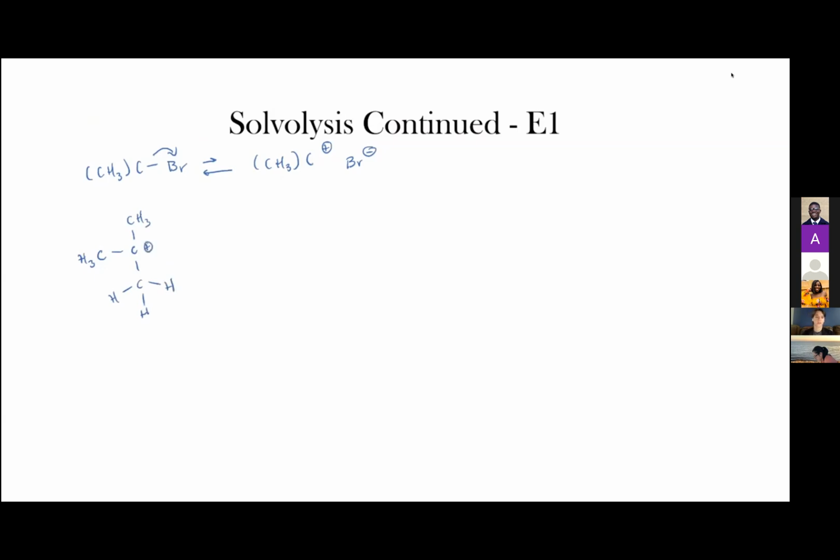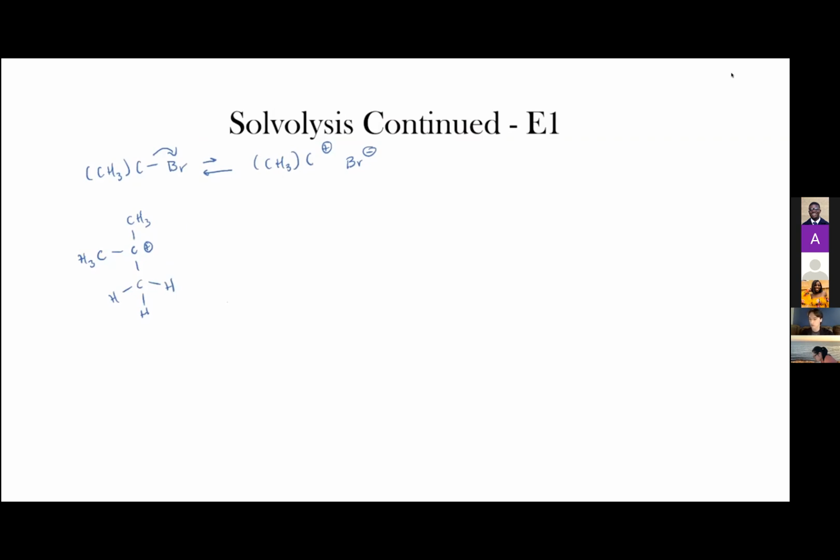So we have, I just picked one of these carbons surrounding that central carbon with the positive charge, because each of them would be beta carbons in this case, and so the reaction would yield the same product, depending on whichever carbon you chose.